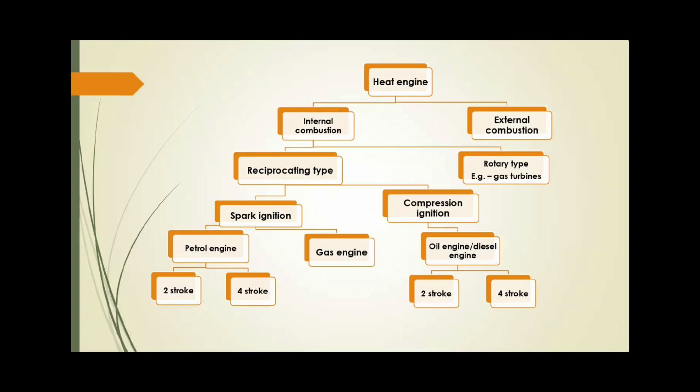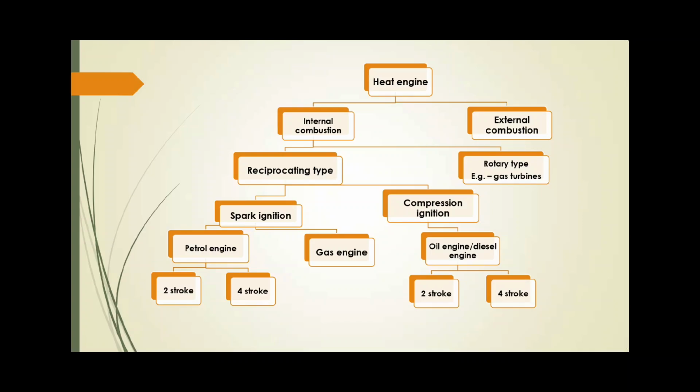engines. The spark ignition engine may be classified into 2 types. If the fuel used is petrol, it is called petrol engine. If gas is used as fuel, it is called gas engine. In CI engines, we are using diesel as the fuel in compression ignition engine.